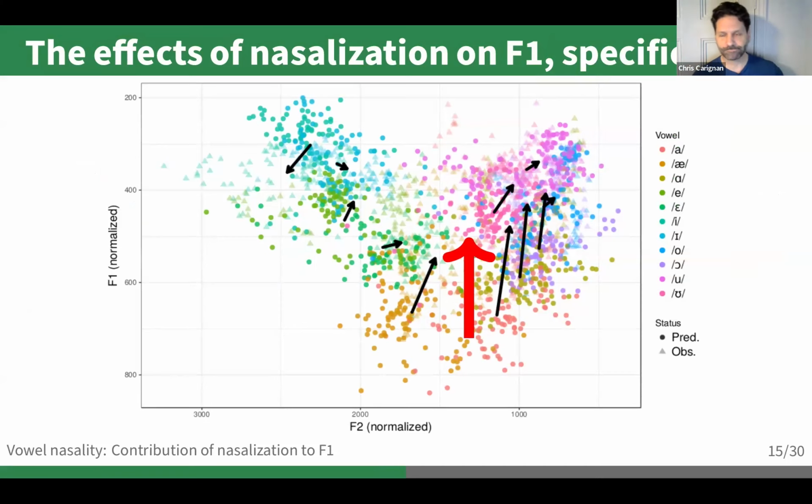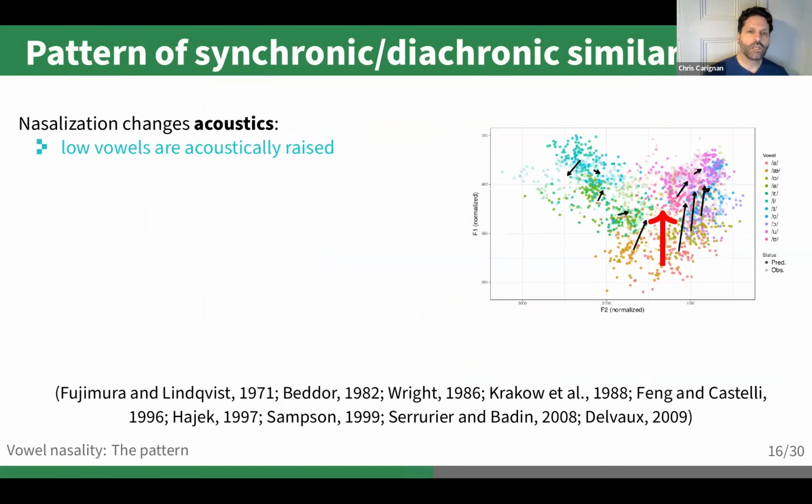Now, I'm not the first one to have found this. This has been predicted from modeling studies as well, that one of the effects of nasalization on low vowels is a lowering of F1. So we've got this really cool scenario where nasalization changes the acoustics. So low vowels in particular are acoustically raised, right?